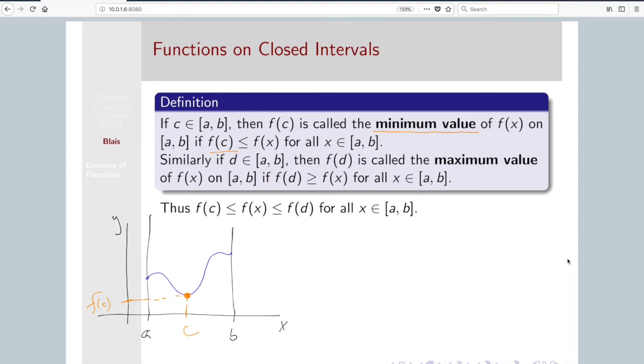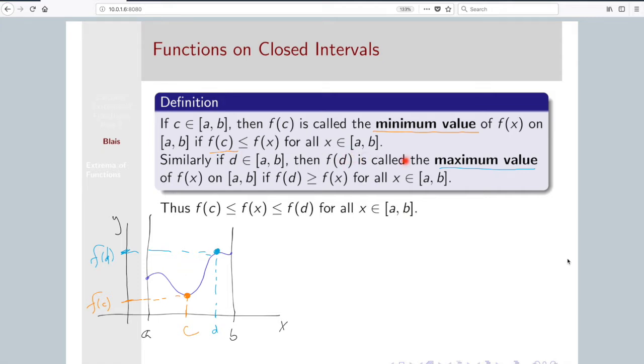So for the maximum, we would have its highest value, and here we have it occurring according to the terminology in the definition at D. And so this would be the maximum value of f on this interval.